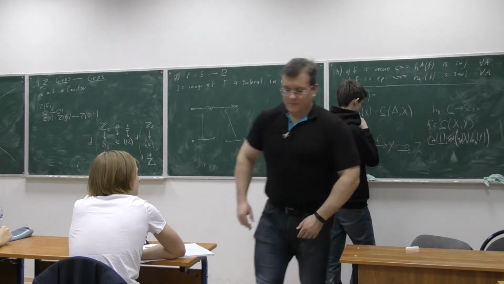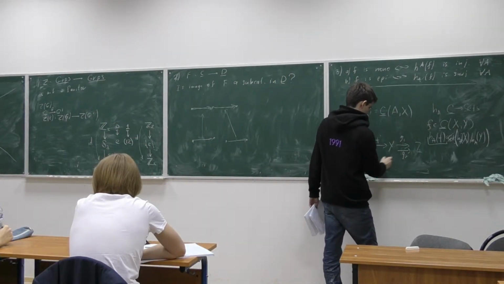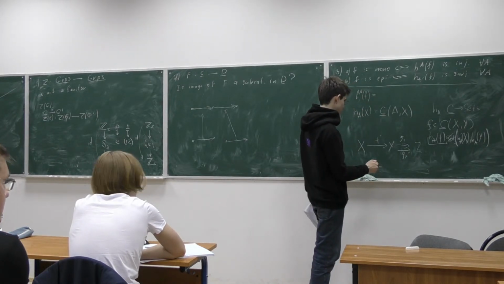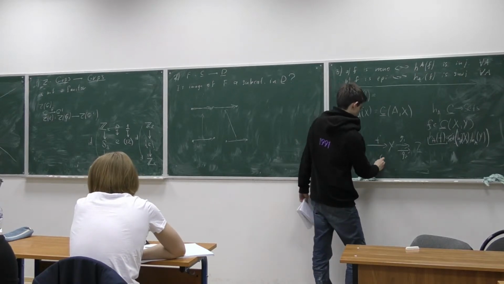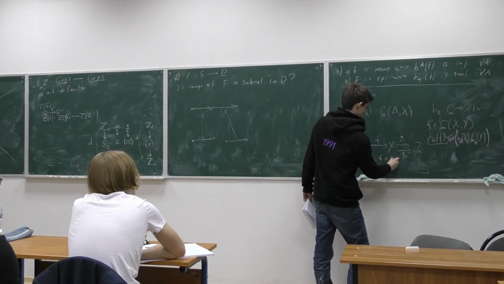So what do we need to check? This is one and two. And I guess we just want to say that we want to check that these two are equivalent, so we need to give one.